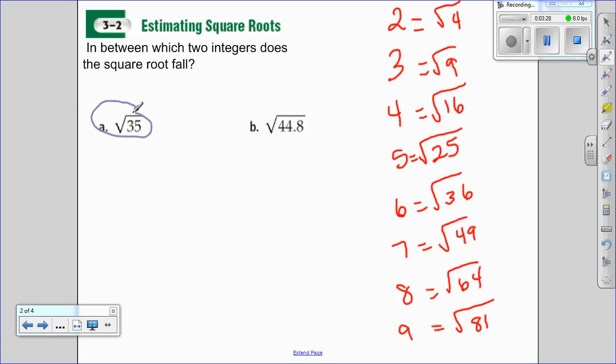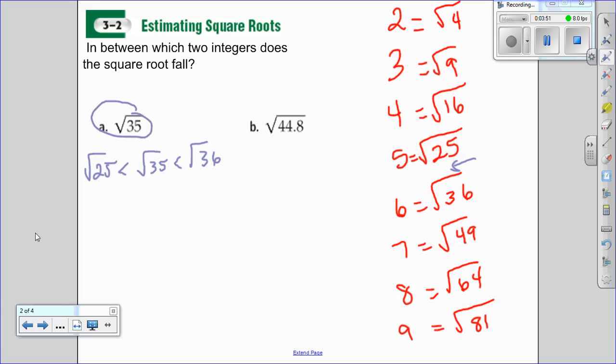So when I'm looking at the square root of 35, I know that's not a perfect square, but if I come over here, here's 36 and here's 25. So I know it's in between the 25 and the 36, right? So I can write down the square root of 25 is on that side of the square root of 35, and then the square root of 36 is on that side. So I know it's in between.